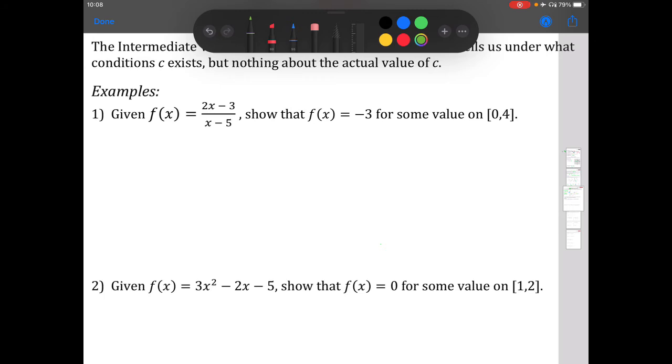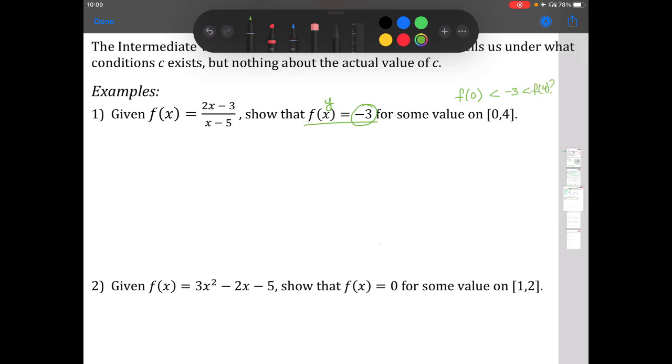Example 1. Given f of x, a rational function, show that f of x equals negative 3. This is basically your y value, for some value on this interval 0, comma 4. So we want to see if negative 3 is between f of 0 and f of 4. That's what we're checking.